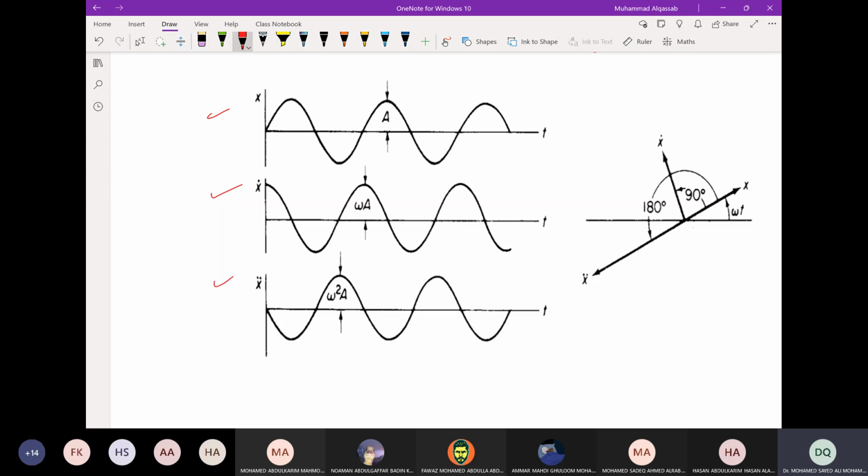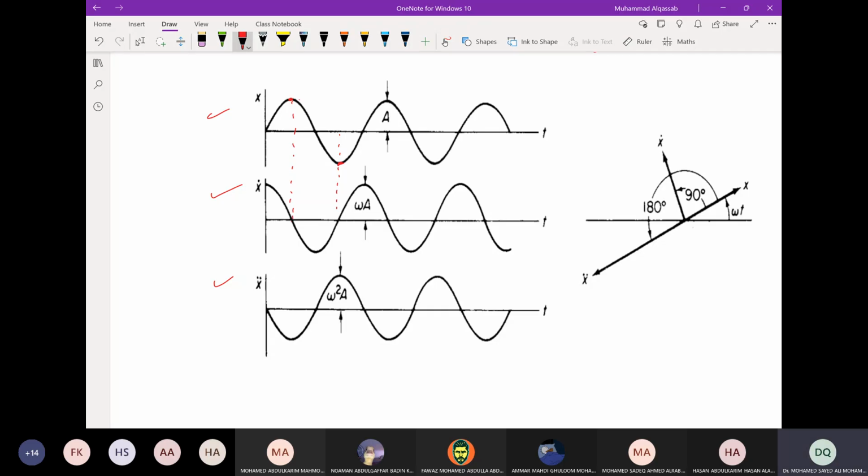Okay, so when the mass reaches the maximum point here, then the velocity is 0, right? And we know this, that at maximum displacement, the velocity is 0. So at the top point, the velocity of the mass is 0. And when it reaches the maximum on the other side here, again, the velocity is 0.